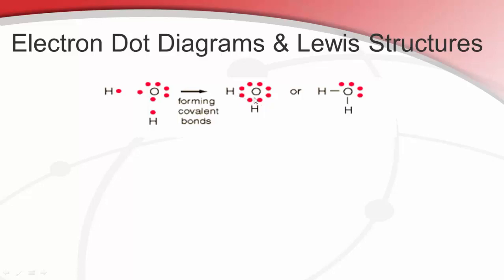We can simplify this to make the diagram a little less busy by replacing that bonding pair of electrons with a simple dash that represents that bond and highlights that there are shared pairs of electrons between the hydrogens and oxygen as well. In this dihydrogen monoxide molecule, there are 2 unshared pairs of electrons.